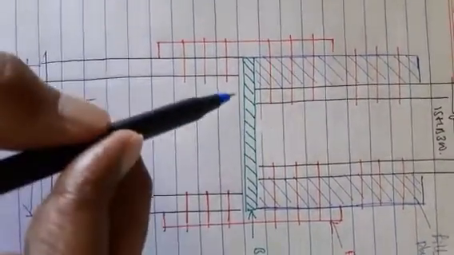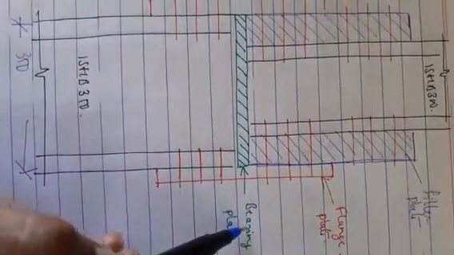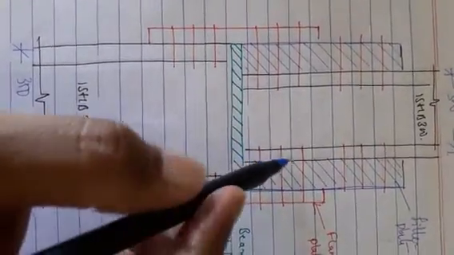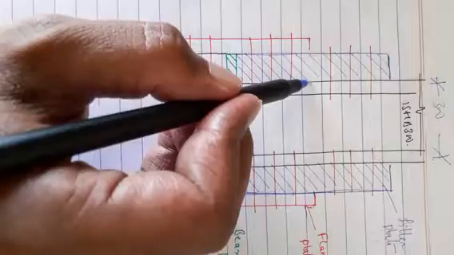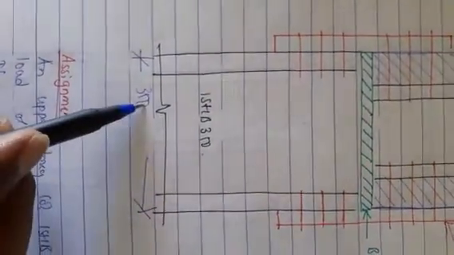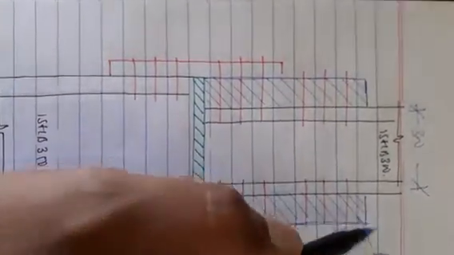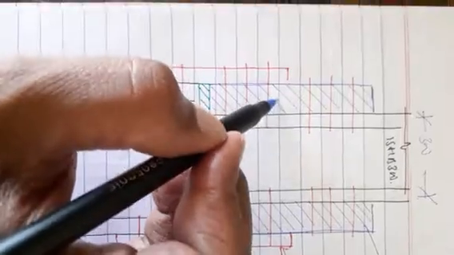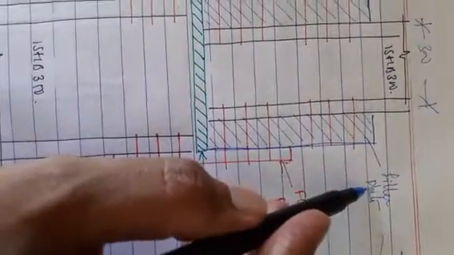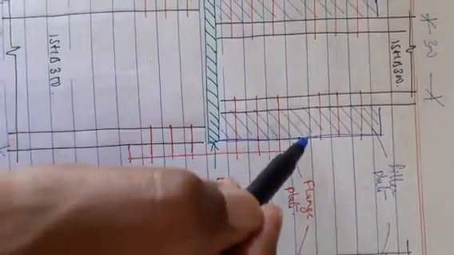So on top of this bigger column, we put a bearing plate. Over that bearing plate, the top or smaller column rests. Some gap is created here because this dimension is 300 and this dimension is 350. So a total of 25 plus 25, 50 mm gap is created. This 25 mm gap is filled with a plate known as a filler plate. The function of the filler plate is just to fill up the gap.